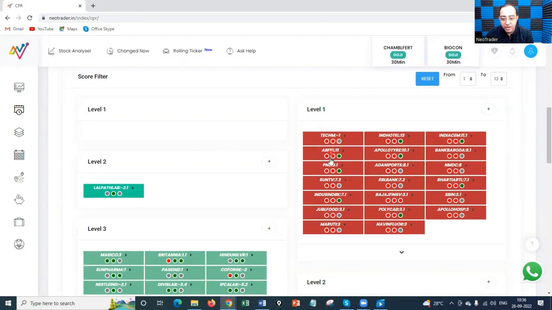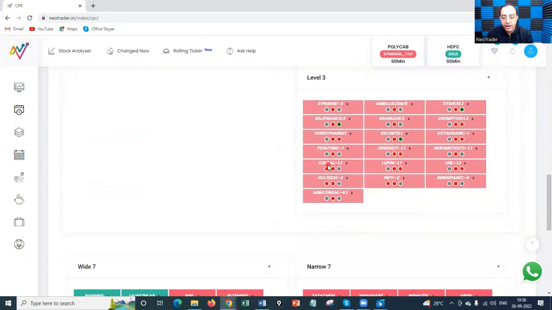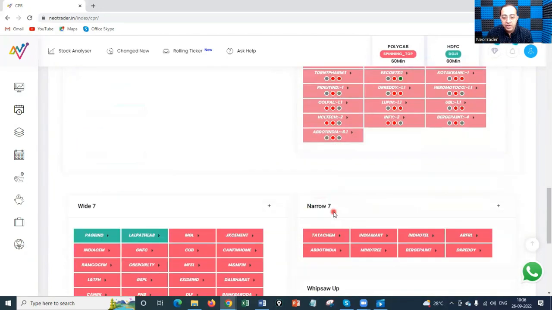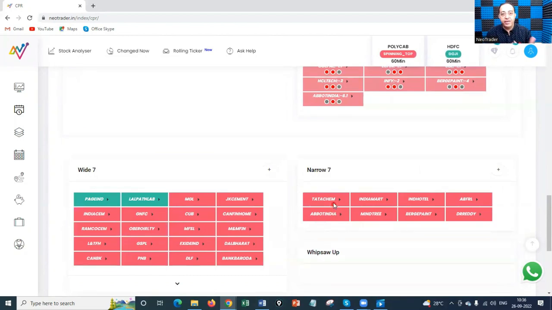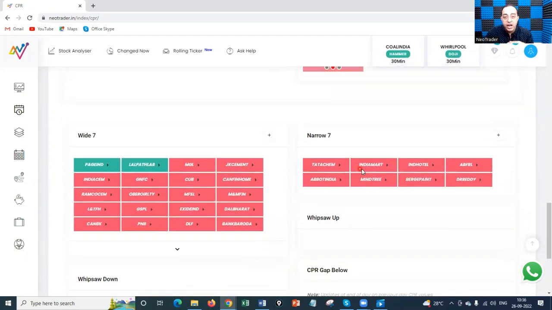So you can see here a similar setup, level 1, level 2, level 3, and the shades will differ. And again, the WR7 and the NR7 is captured very well here for you to know, okay, this is the scenario, and this is on the weekly time frame. So you know exactly how a trend can emerge, because these are scenarios where you can identify what kind of scenario is on a weekly chart or on a daily chart or on a monthly chart.